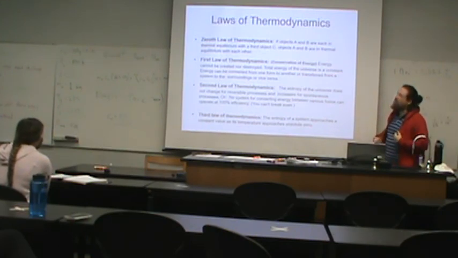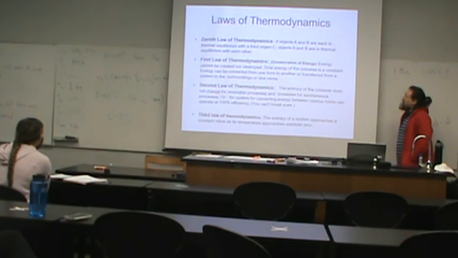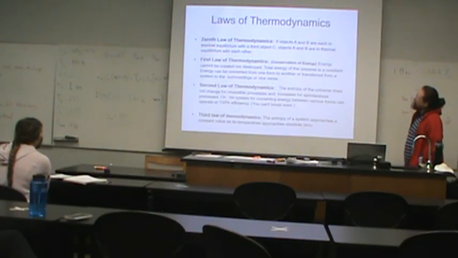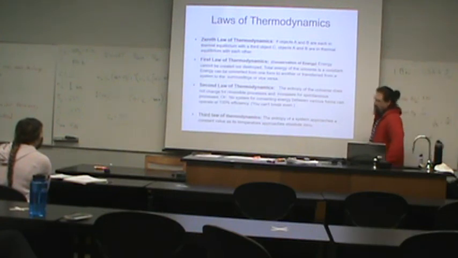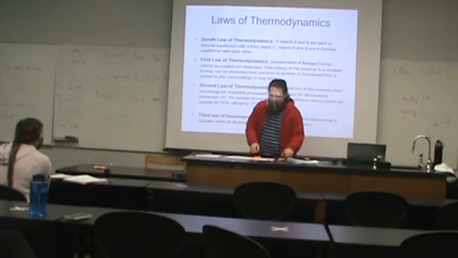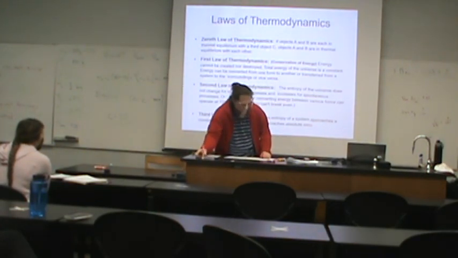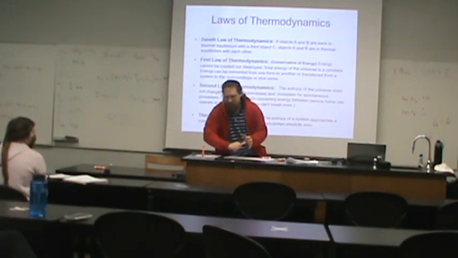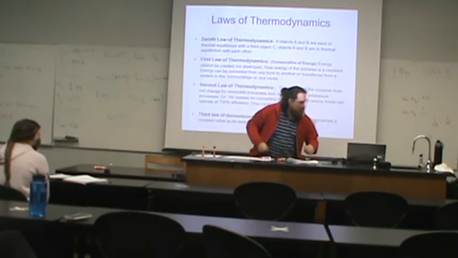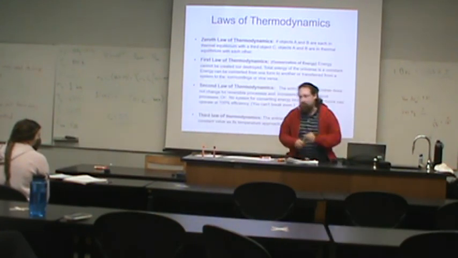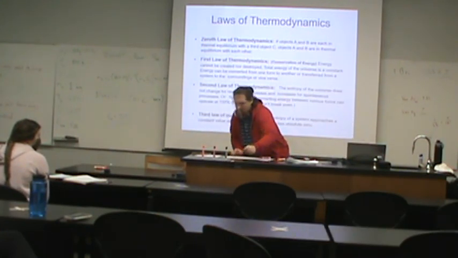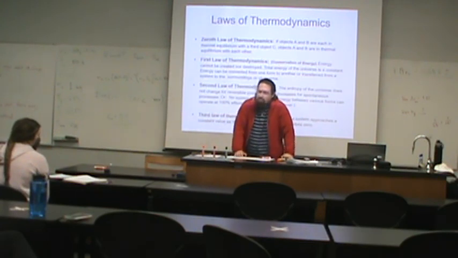I do not understand it. If A and B are in thermal equilibrium with a third object, then A and B are in thermal equilibrium with each other. Correct. So the 0th law states that if the orange marker is at the same temperature as the pink marker, and the pink marker is at the same temperature as the green marker, the orange and the green are the same temperature?